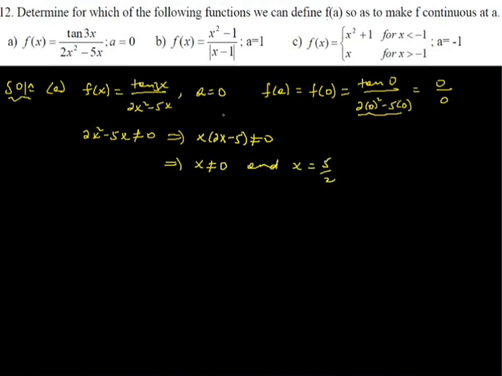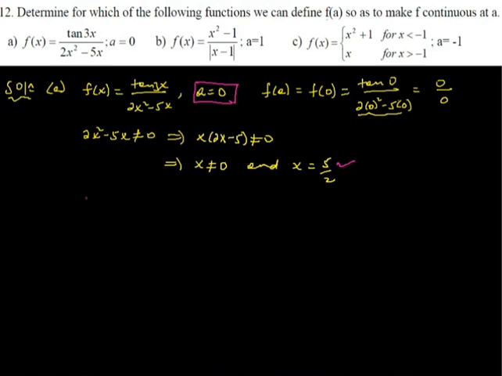Not only at a equals 0, this function is not continuous at 5 over 2 also. So a cannot be 0, and a cannot be 5 over 2. In fact, there can be other values of a at which f becomes discontinuous.